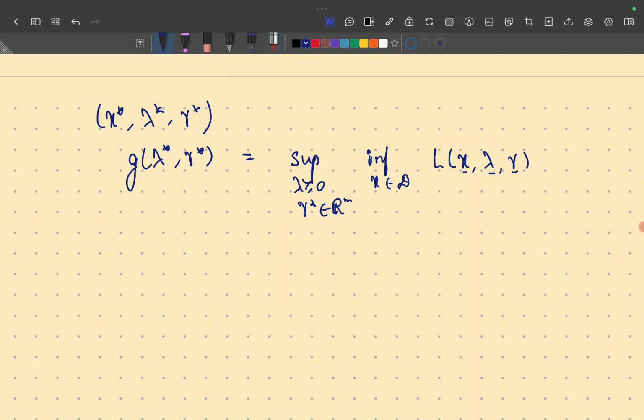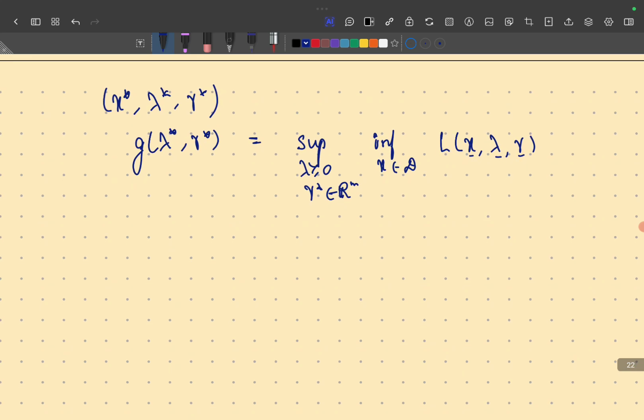But something interesting happens. So let me try to sort of reverse the supremum and the infimum. Let's take L of x, lambda and nu and try to first maximize with respect to lambda and nu. So consider some arbitrary x that belongs to the domain. It may satisfy the constraints, it may not satisfy the constraints, doesn't matter.